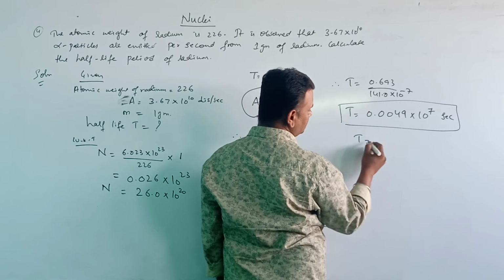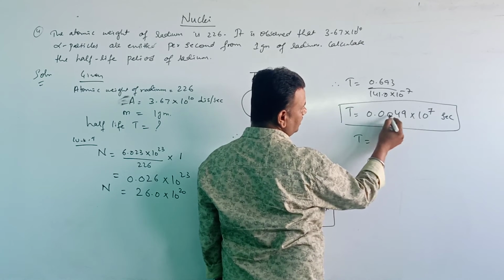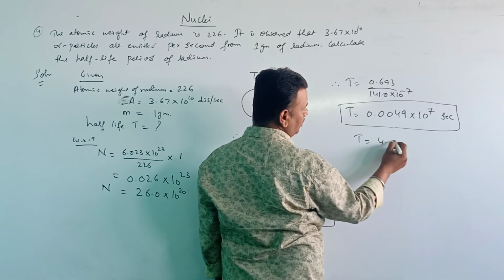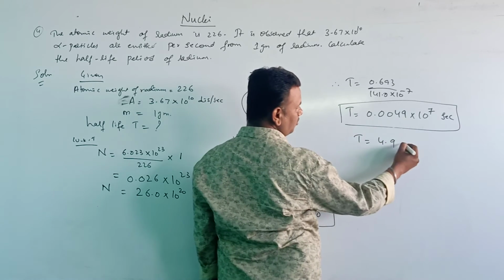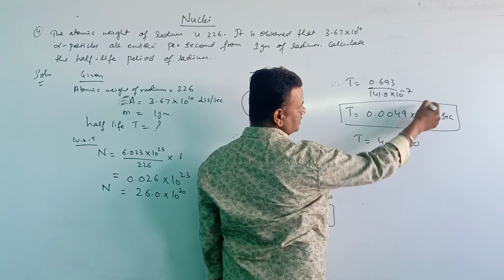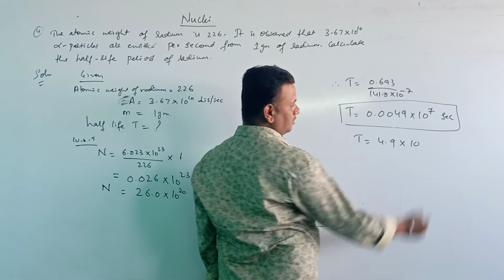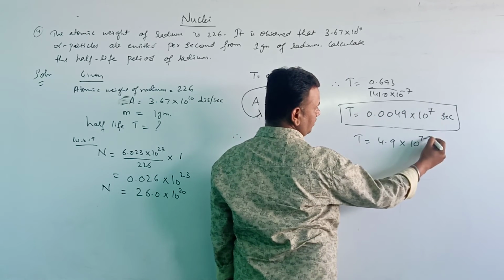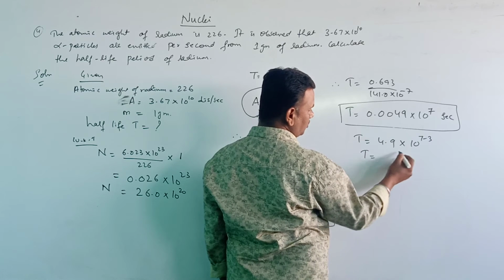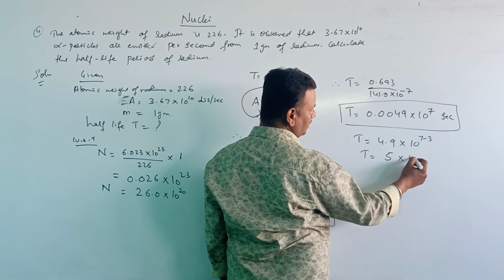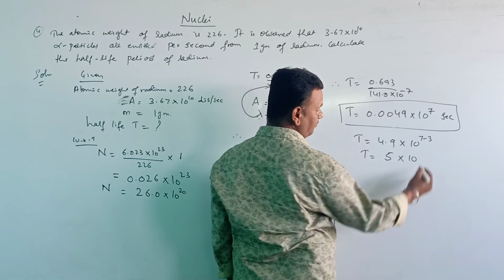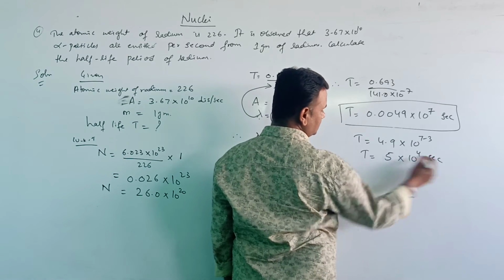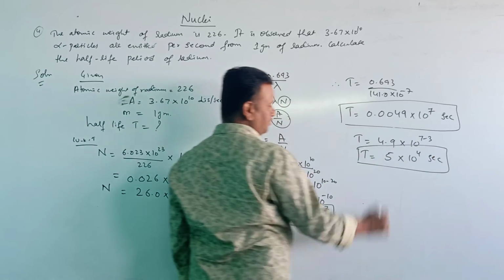This is approximately 4.9 if we move three decimal places ahead. This is 4.9 into 10 to the power of minus 3 plus 7, so 7 minus 3, approximately 5 into 10 to the power of 4 seconds is the half life.